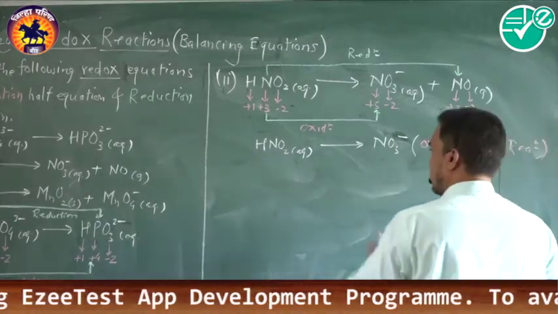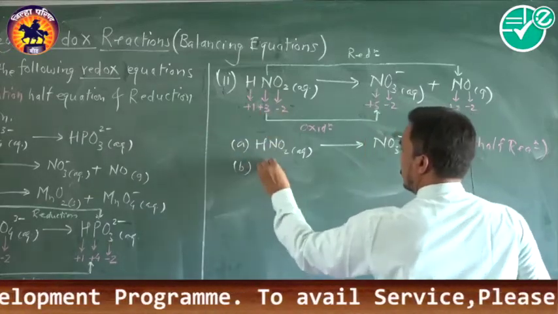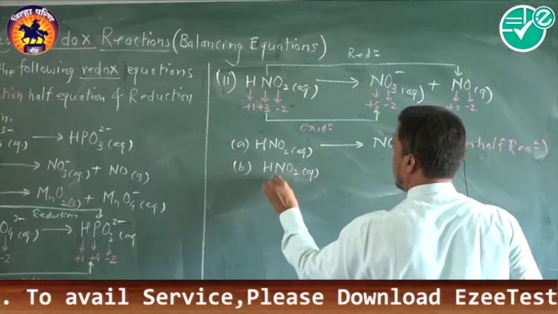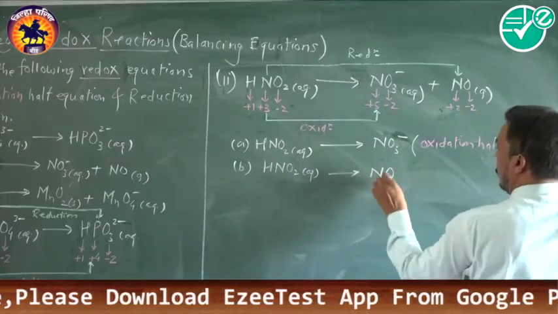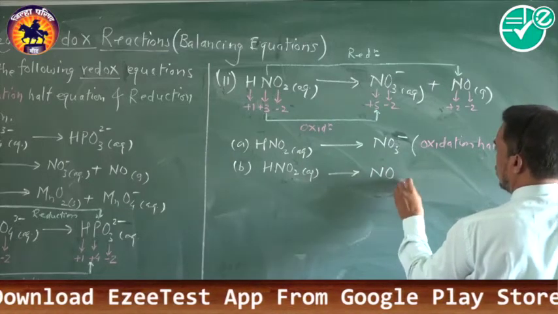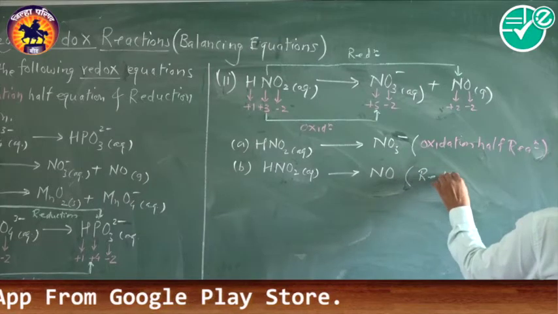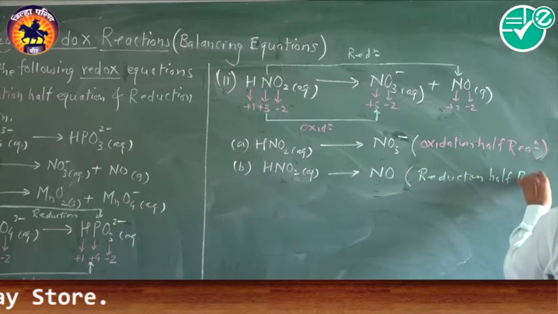And the other one: nitrogen changes from +3 to NO with +2. This is called the reduction half reaction.